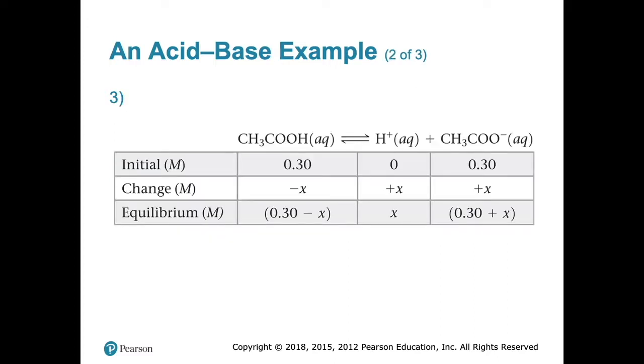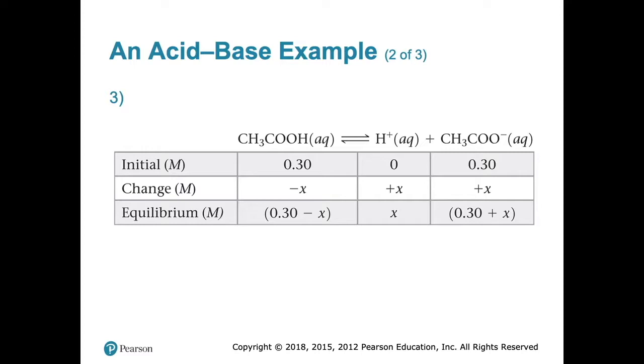Since we have a common ion now, instead of the ice table being 0.3, 0, and 0, what do we have now that's different? It's going to have 0.3 here as well for the acetate ion.